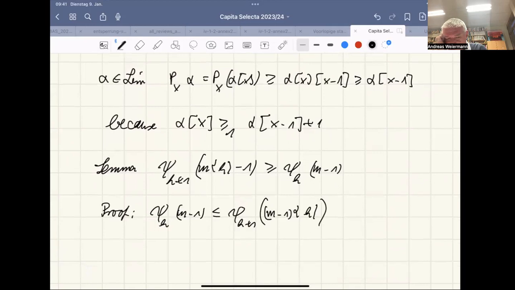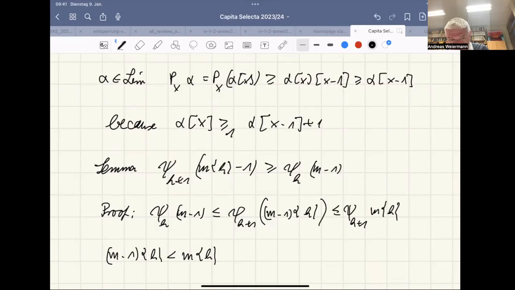So actually there's equality. Now m minus 1 in base k is strictly smaller than m in base k. So this is less than or equal to c_{k+1} of m in base k minus 1.